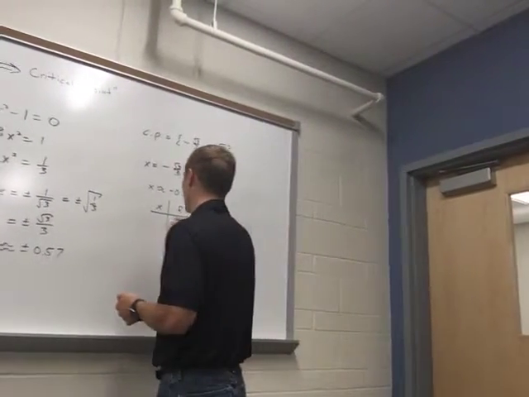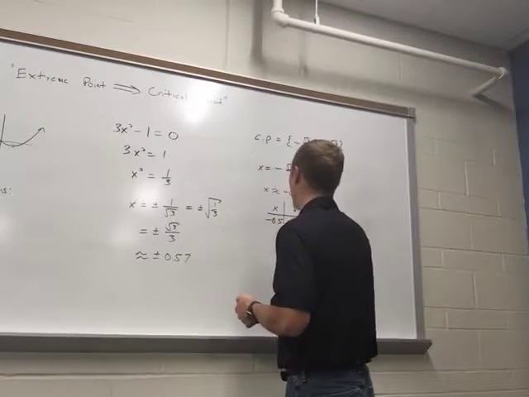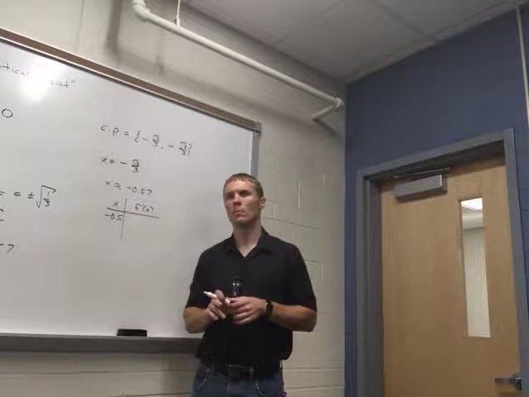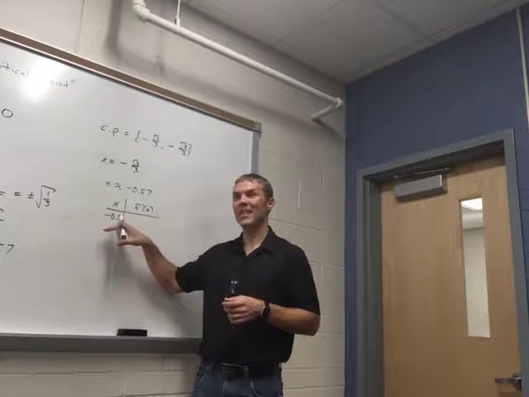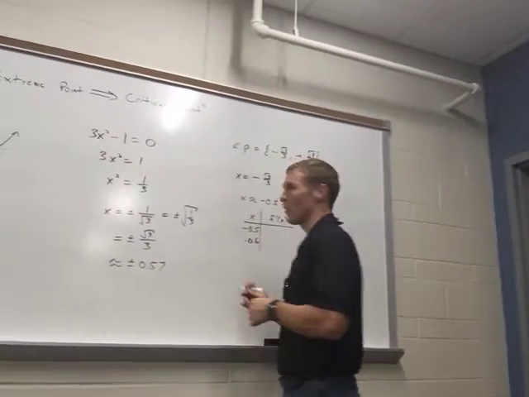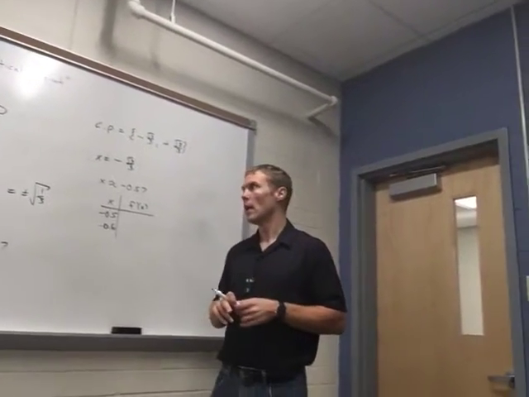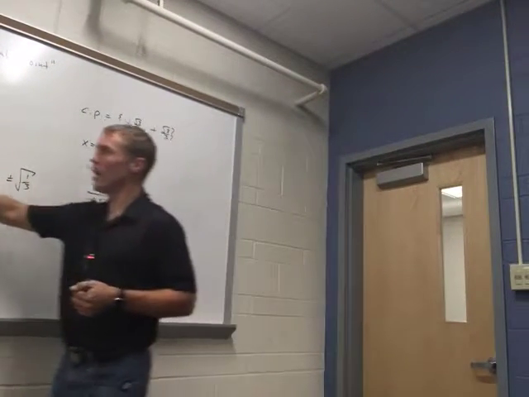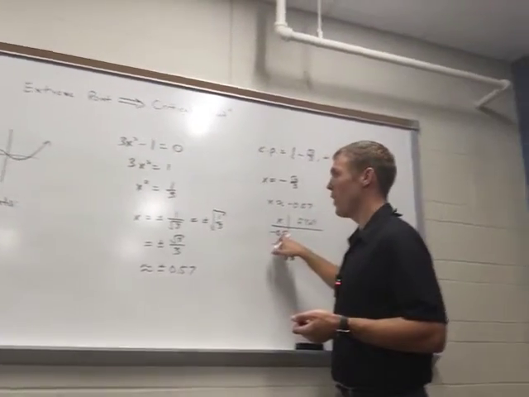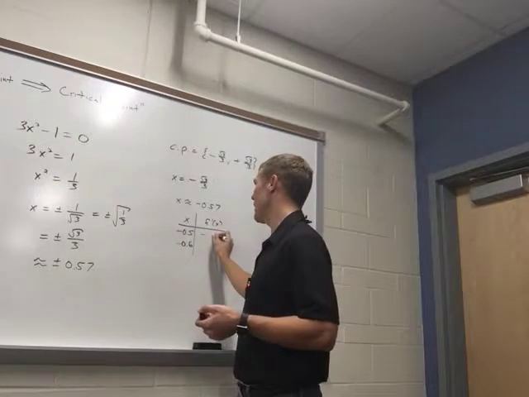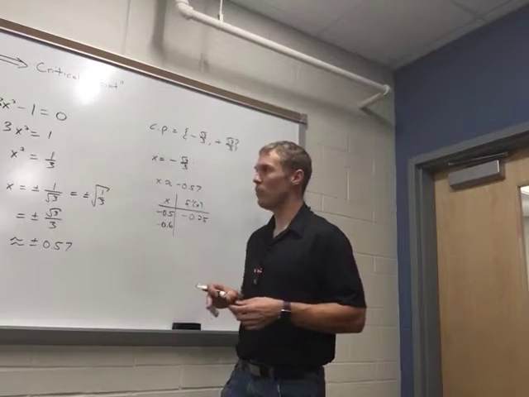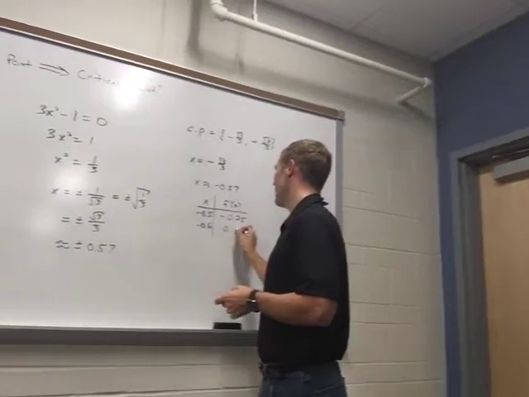For example, negative 0.5, which is a little bit to the right, a bigger value than negative 0.57, and also negative 0.6. I'm going to put these into my derivative expression. Negative 0.5 should give me negative 0.25, and negative 0.6 should give me 0.08.